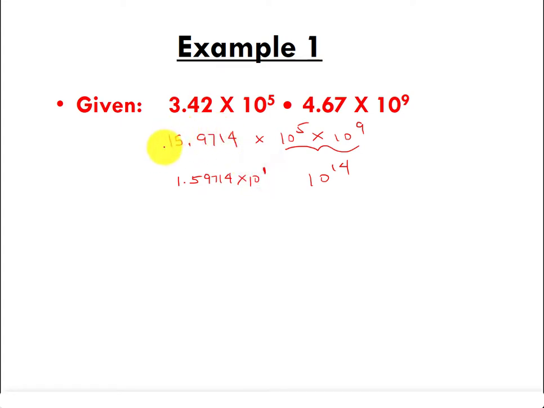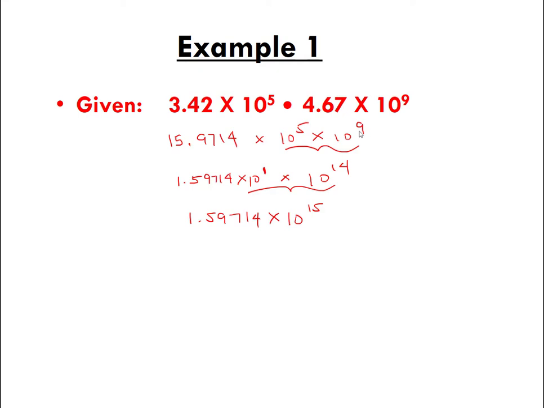Now since this original number is greater than 1, the exponent should be positive. Simplifying further, 10 raised to 1 times 10 raised to 14 is 10 raised to 15. Bring down 1.59714 times 10 raised to 15 is now the product of these two scientific notations.